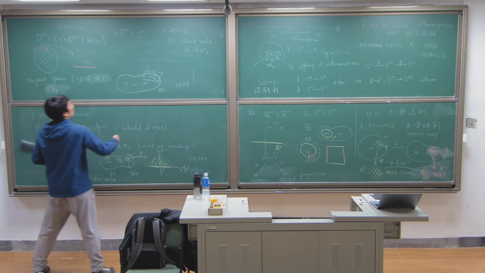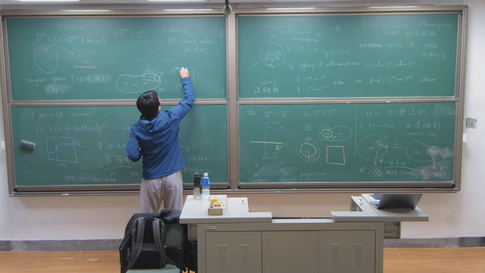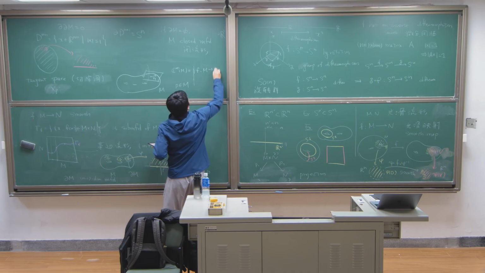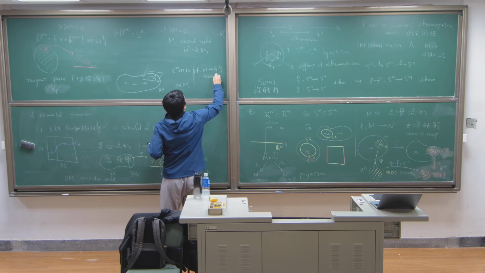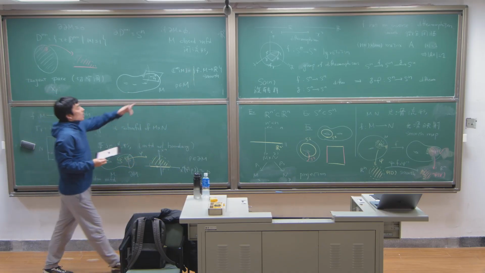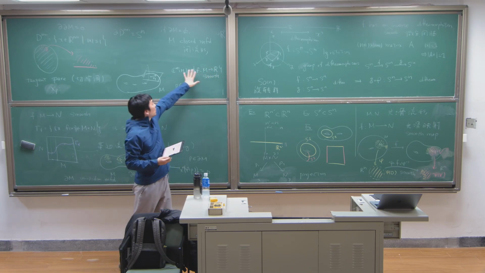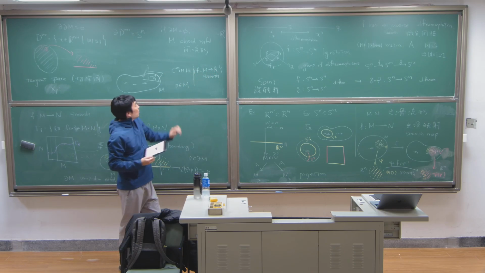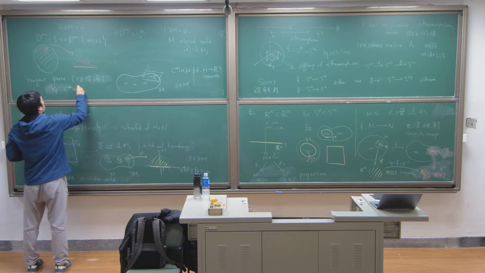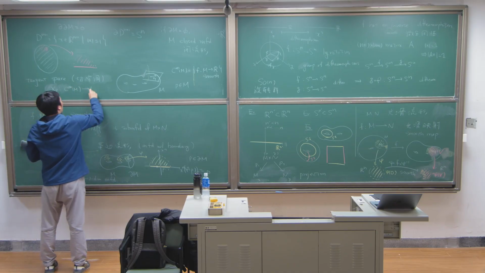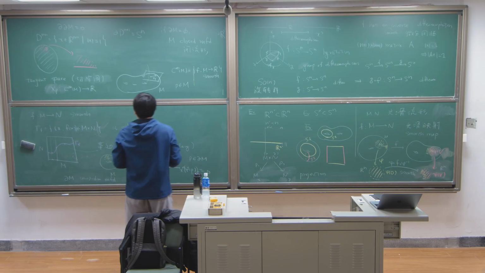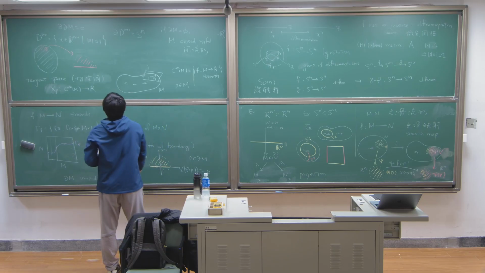Let's call C infinity of M the space of smooth maps from M to R. So I define it like this: M to R, smooth maps, I just write C infinity of M. So the tangent vector X_p maps a smooth function to R, which satisfies the following two conditions.